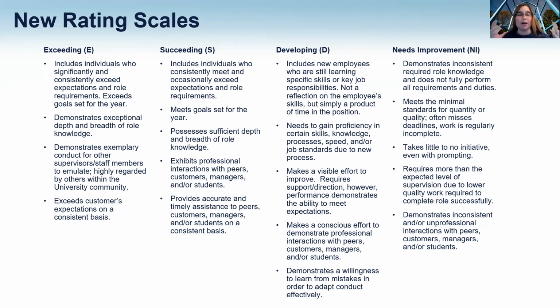These are primarily where we'd anticipate folks to be sitting, and then exceeding is going to be somebody that's really demonstrating exceptional work, going way above and beyond their role, exceeding those expectations set for the position or their goals and things like that. And then needs improvement is obviously the other end of that scale, where someone is not meeting the minimum requirements and requires improvement.